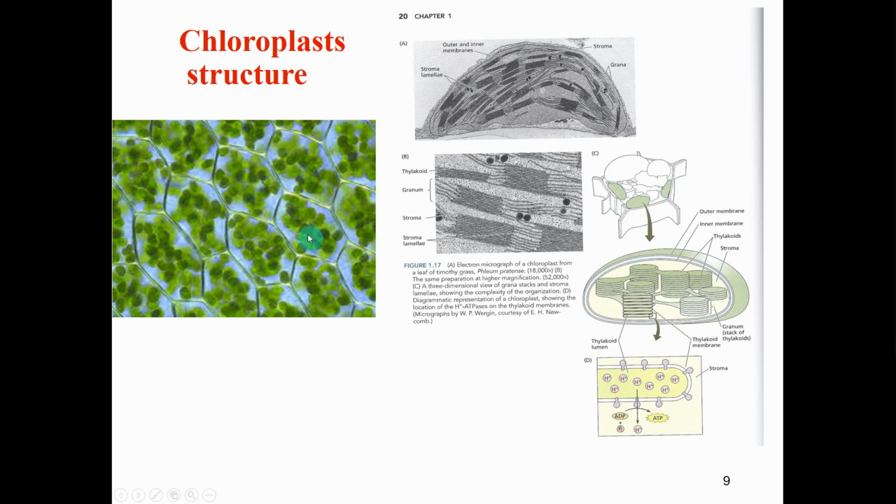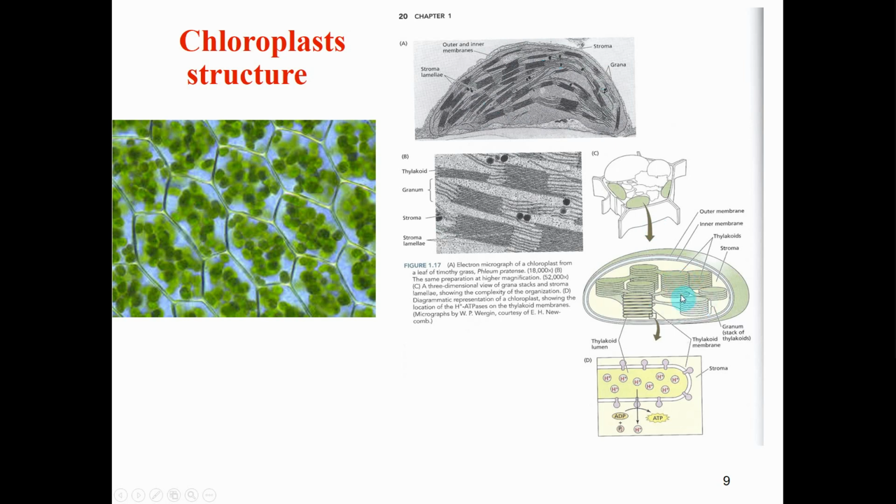Now we see in our cell over here our chloroplasts stacked against the cell wall. There are little green chloroplasts everywhere. This is what a chloroplast looks like in real time under an electron microscope. You can see the stroma, the grana. This is a grana, that's a grana, that's a grana. The stroma is that liquid.